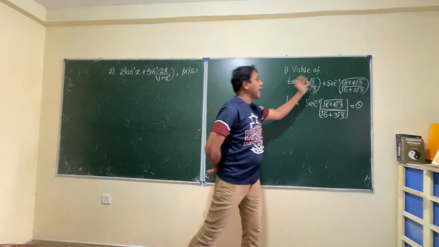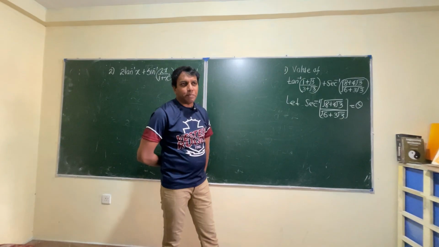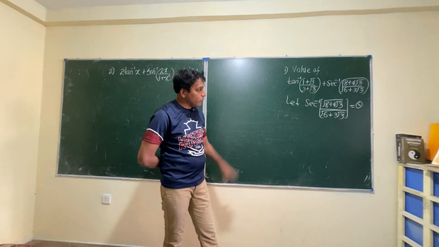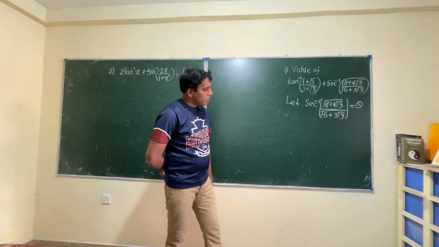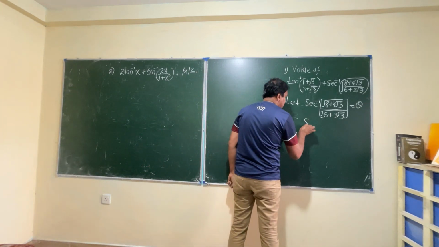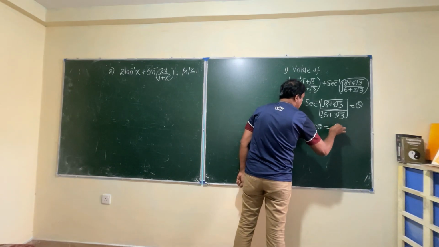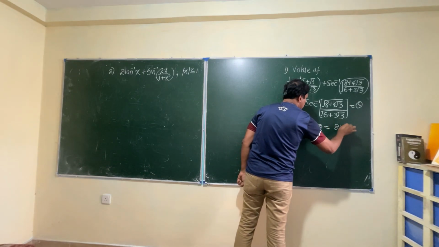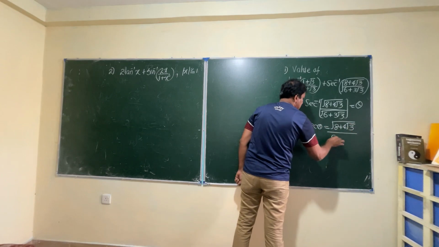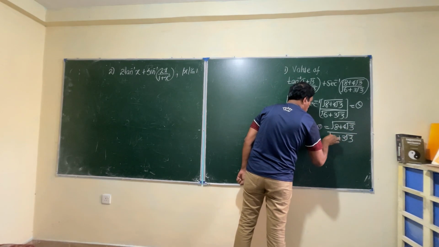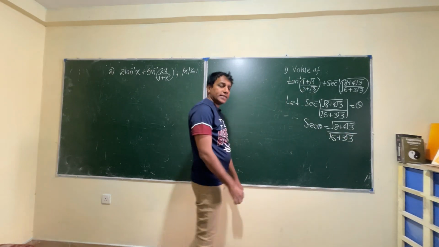Then with both in tan, there's a path for simplification. It's an easy method, right? Sec inverse I use as theta. Therefore, what is sec theta? Sec theta is square root of 8 plus 4 root 3 over square root of 6 plus 3 root 3, right?